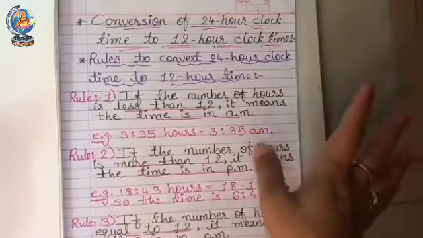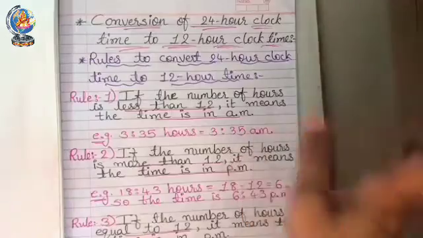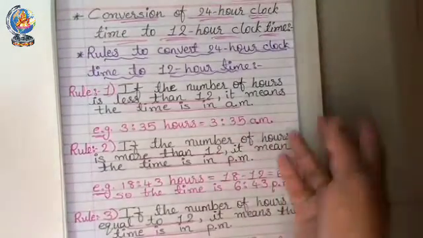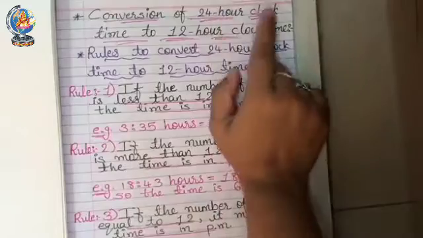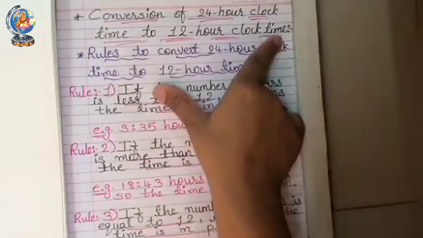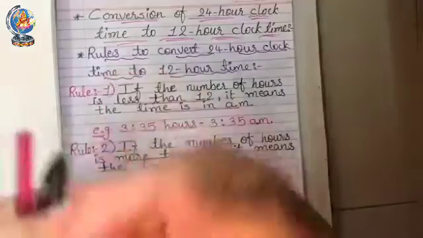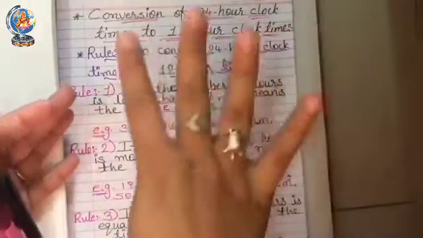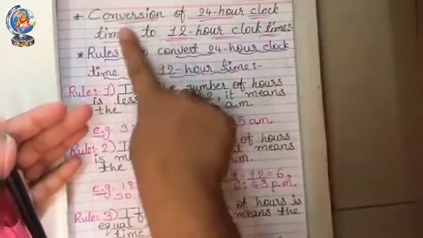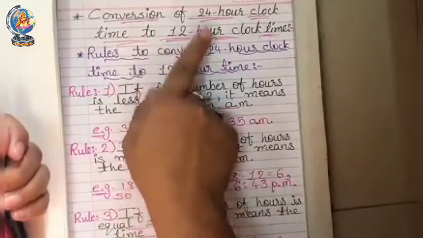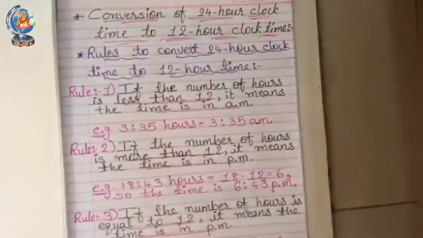The 24-hour clock format, right? Now let's learn how to convert 24-hour clock time to 12-hour clock time. To convert, we have to remember a few rules. There are 4 rules to remember for converting 24-hour clock time to 12-hour clock time.